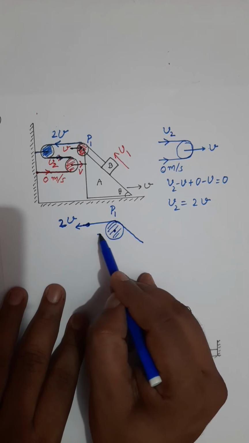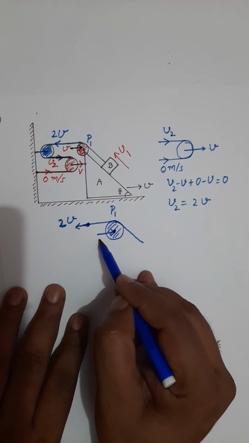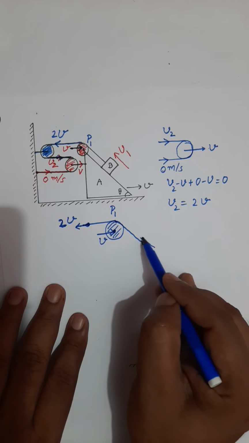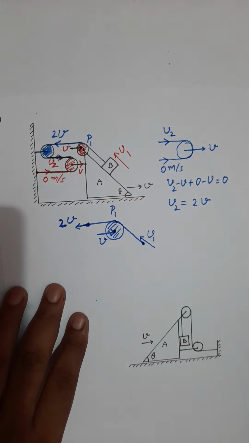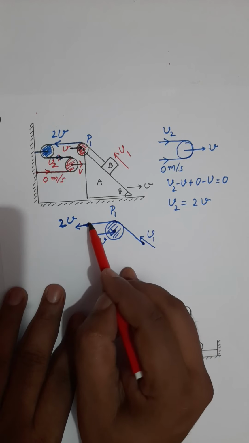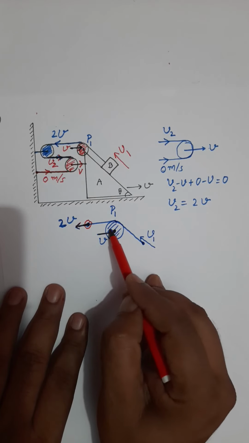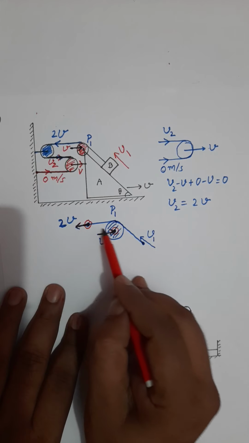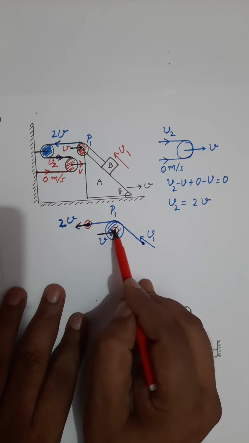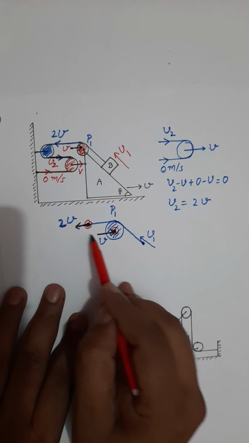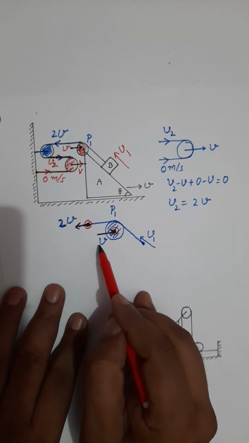Pulley itself is moving in the forward direction with a v velocity, and here we have a block which is going upward with v1 velocity. Now this point which is moving to the left side with a 2v velocity, and this point which is moving to the right side with a v velocity, the separation between these two will increase at the rate of 3v according to the relative velocity concept.